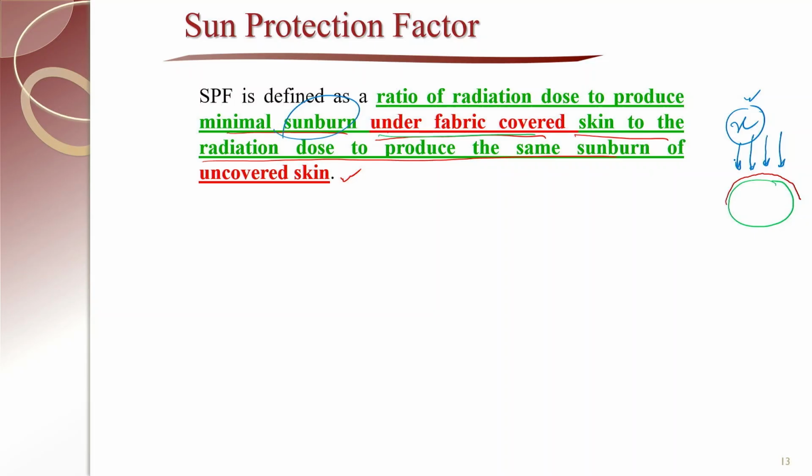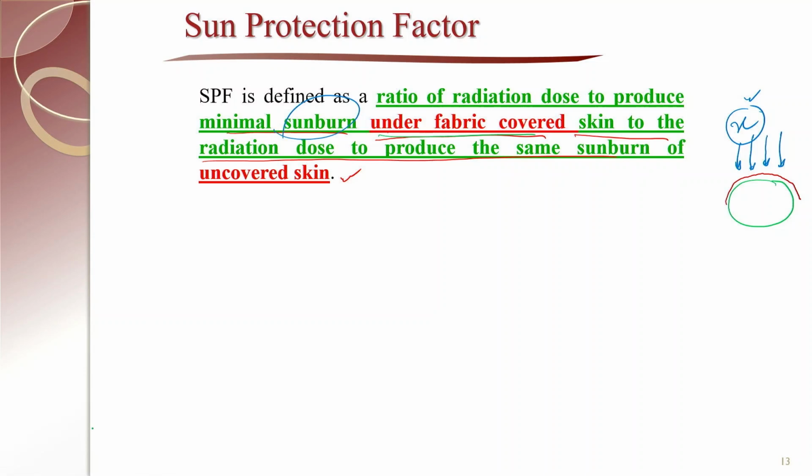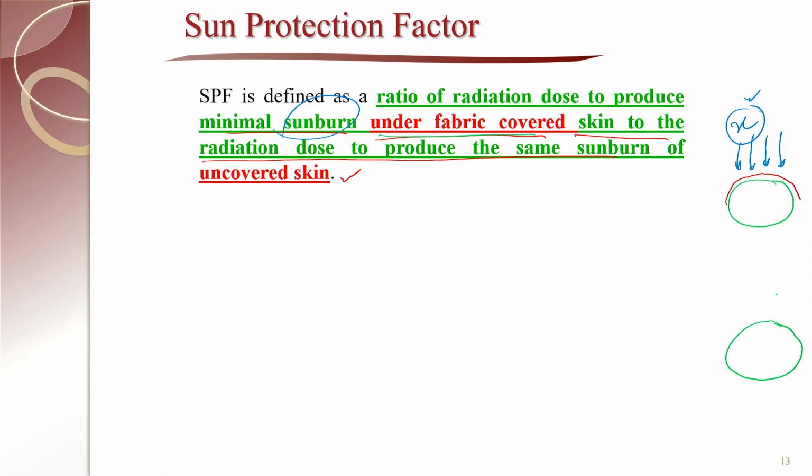Again we do the experiment with the uncovered body part, without any fabric cover. We expose it to the ray, increasing it, and when we have increased it a little bit, we find that sunburn started. So, this is y.